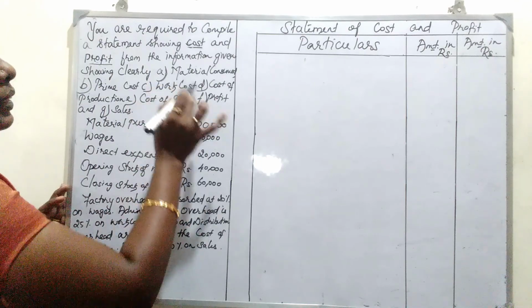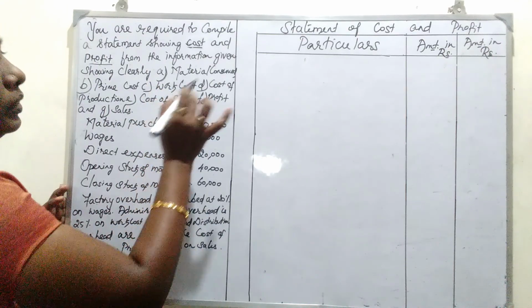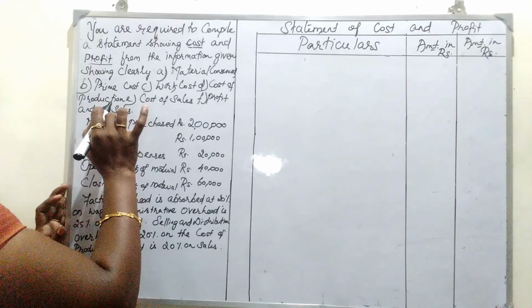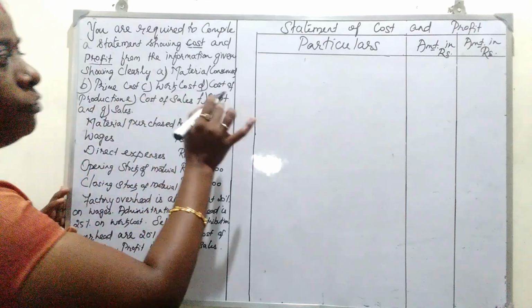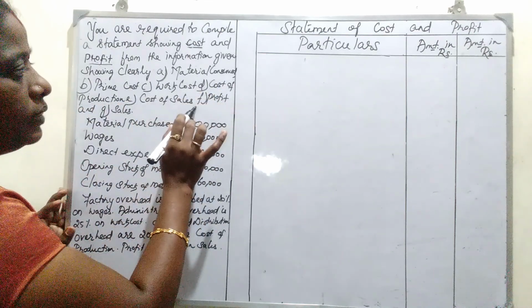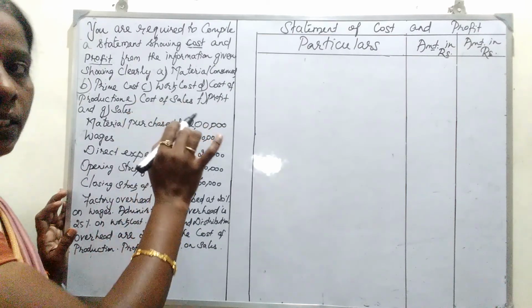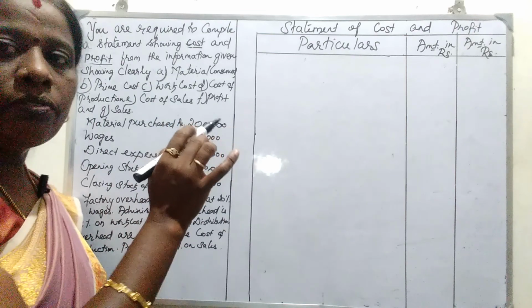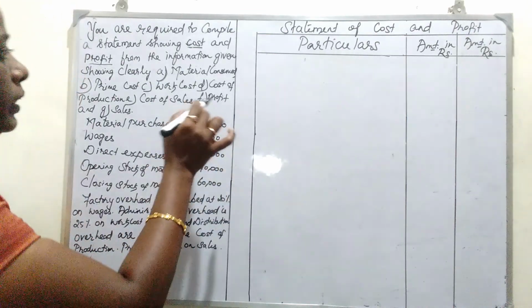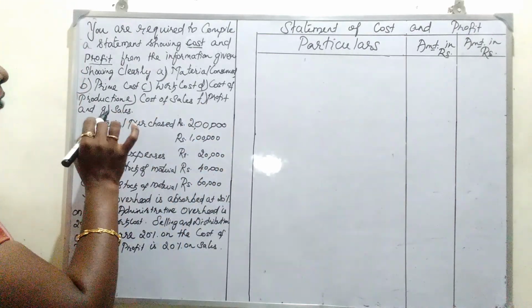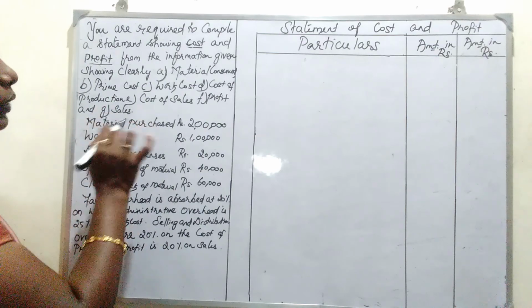Work cost by another name is factory cost. Fourth one, cost of production. This is the total cost of production, and then cost of sales. This is calculated after finding the expenses of selling and distribution and profit, and finally they are asking for sales also.